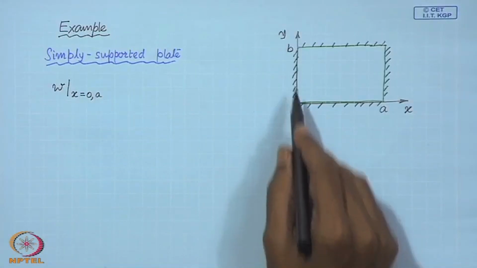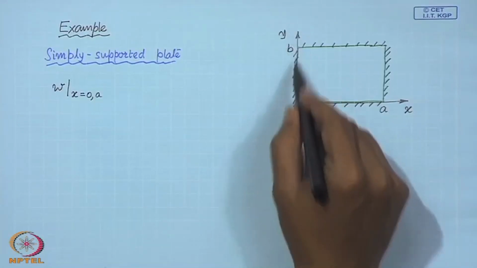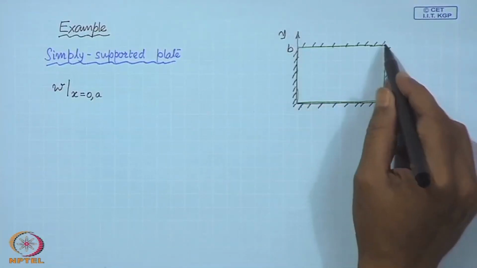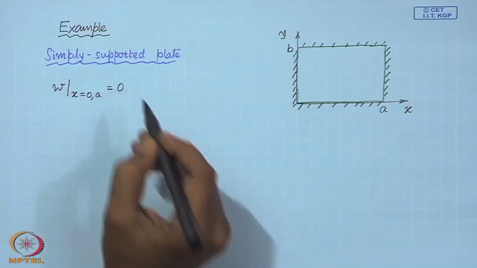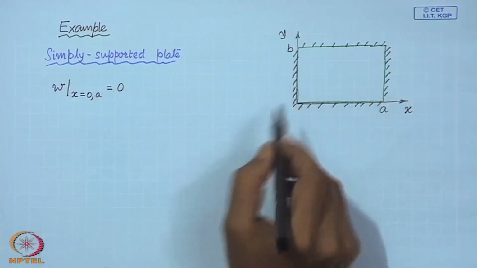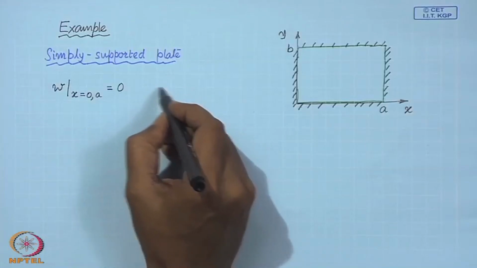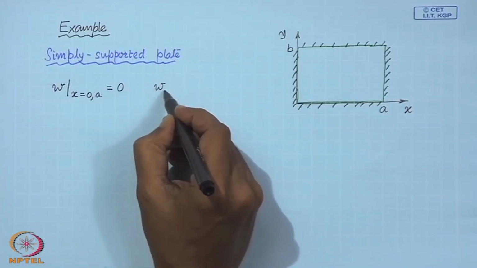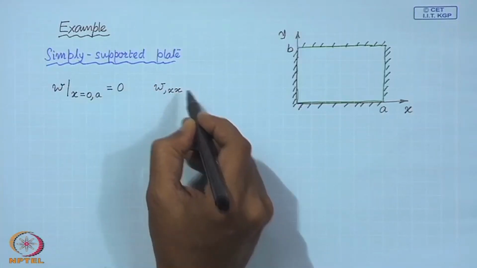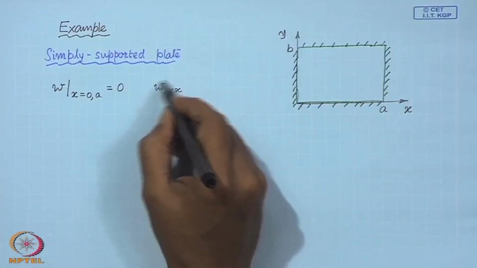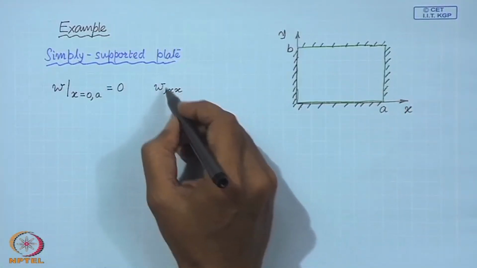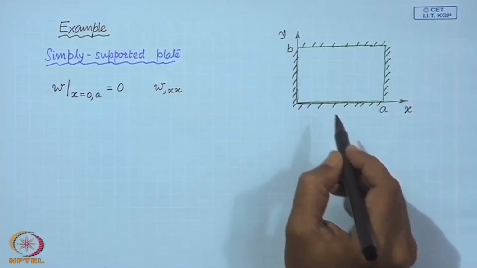At x equal to 0, which means this edge, and x equal to a, meaning this edge, we have the displacement as 0, and since they are simply supported, the moments are also 0, and the moments in this case happen to be the double derivative of w with respect to x.